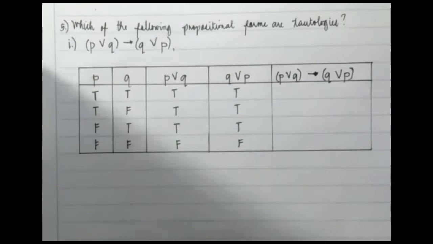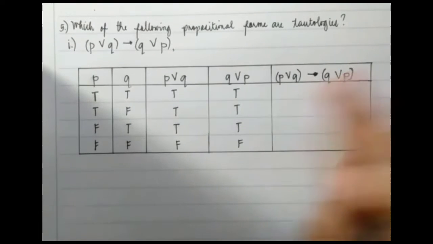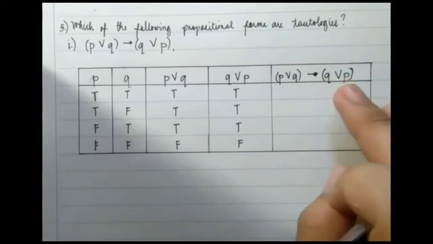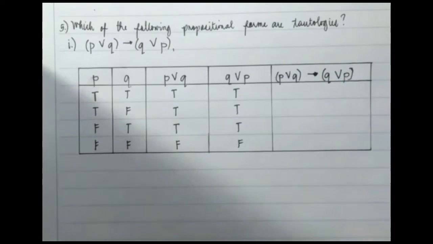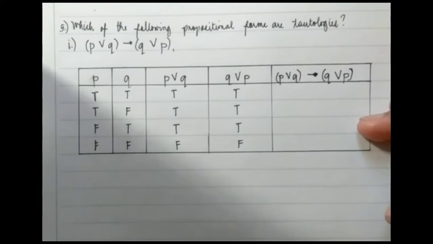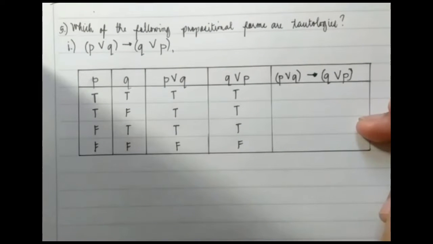Now let us move on to the last column, which is getting the truth value of P or Q implies Q or P, or if P or Q, then Q or P. Before answering, let us consider the definition of a conditional statement.